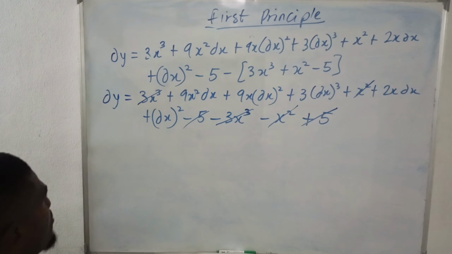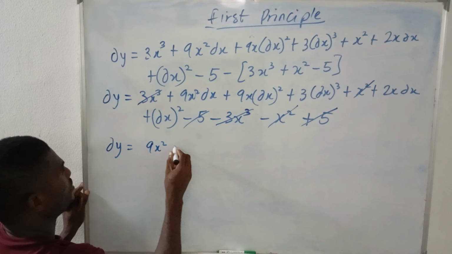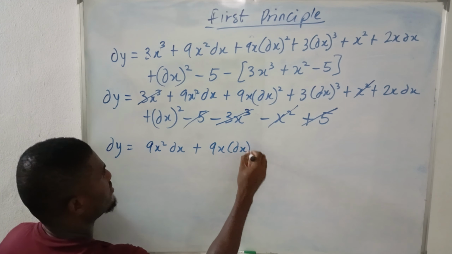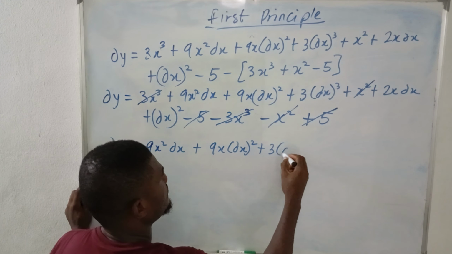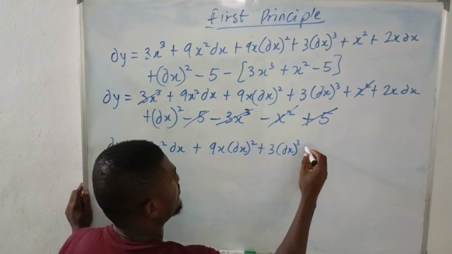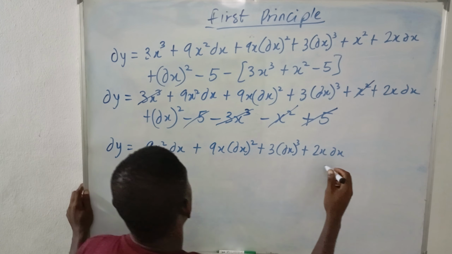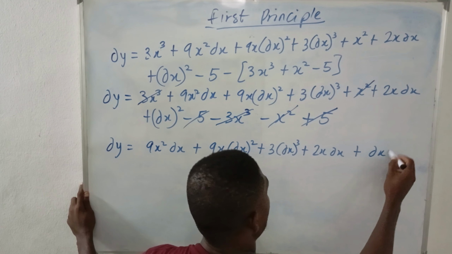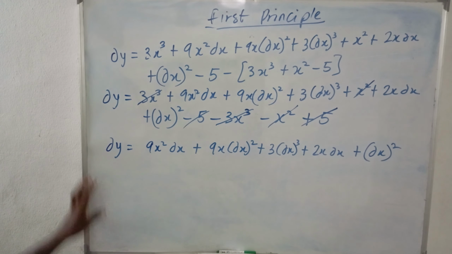And then we write down what we have left. What we have left is 9x squared dx plus 9x dx squared plus 3 dx cubed plus 2x dx, plus dx all squared. So this is what we have.